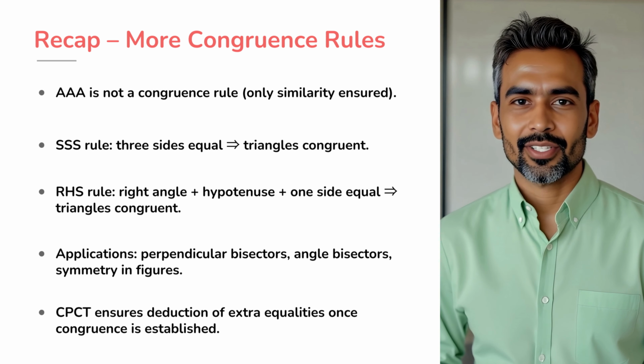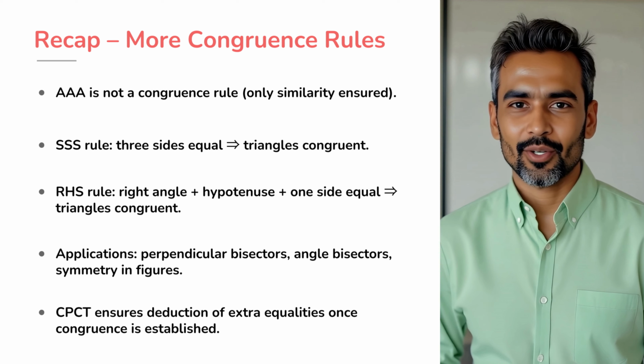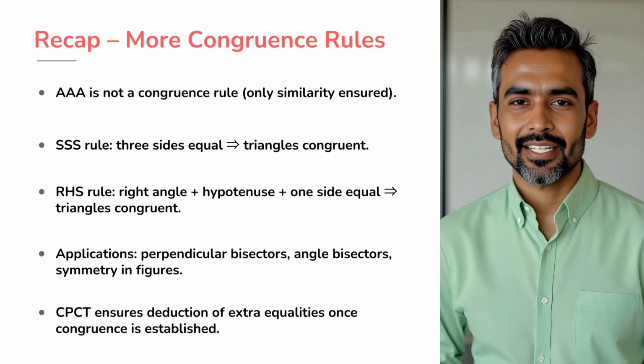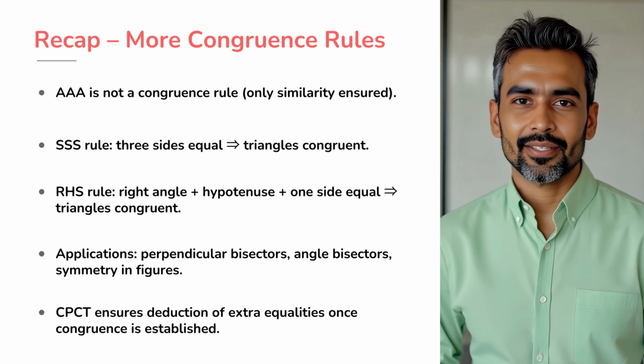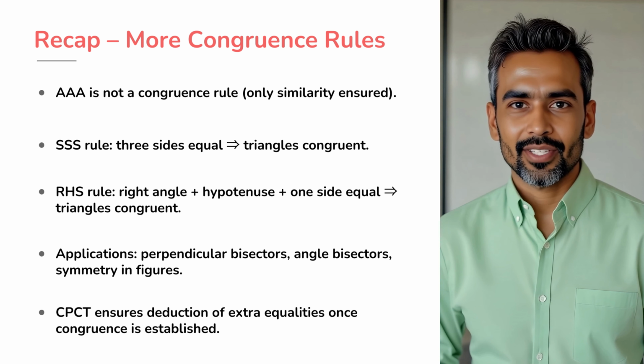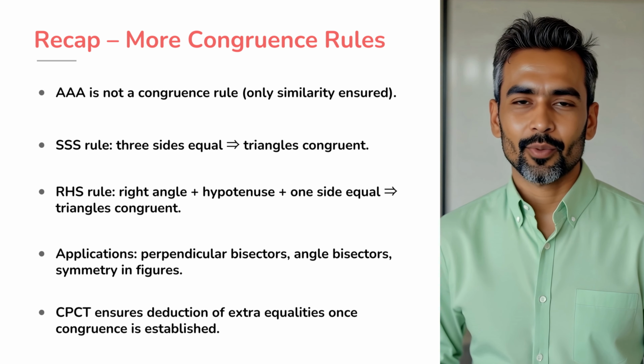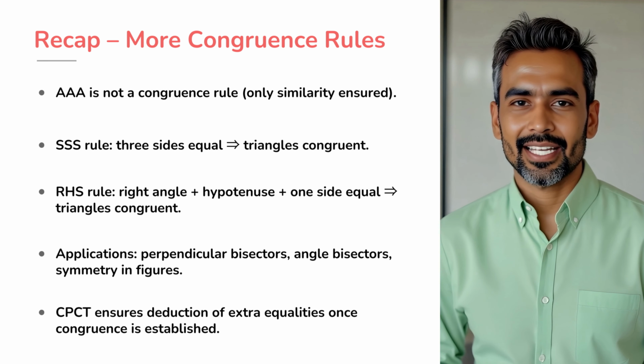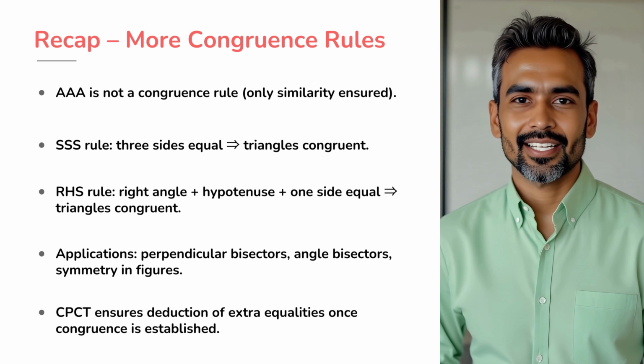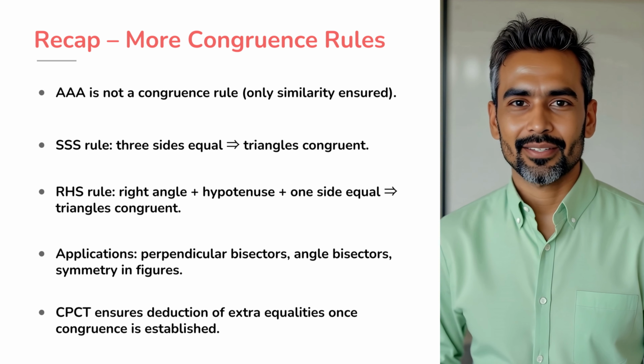Let's bring it all together. Three equal angles, or AA, only give us similarity, not congruence. The SSS rule guarantees congruence when three sides are equal. The RHS rule applies to right-angled triangles with equal hypotenuse and one side. Applications include perpendicular bisectors, angle bisectors, and symmetry in geometry.